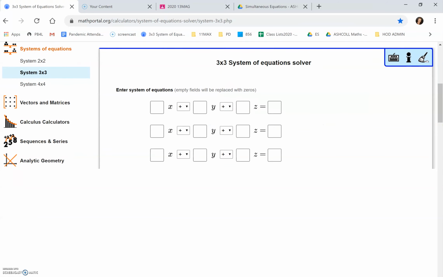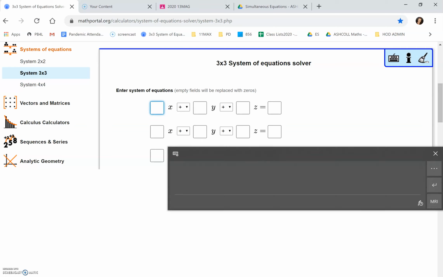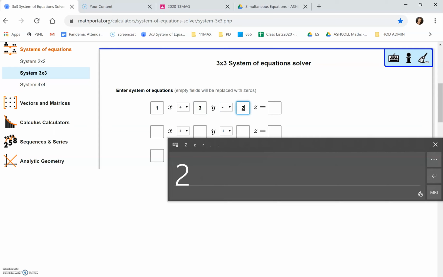So when I bring this up, I can enter in my equations. So the first equation was x, so that's a 1. It was plus 3y, and it was minus 2z, and it equaled 5.